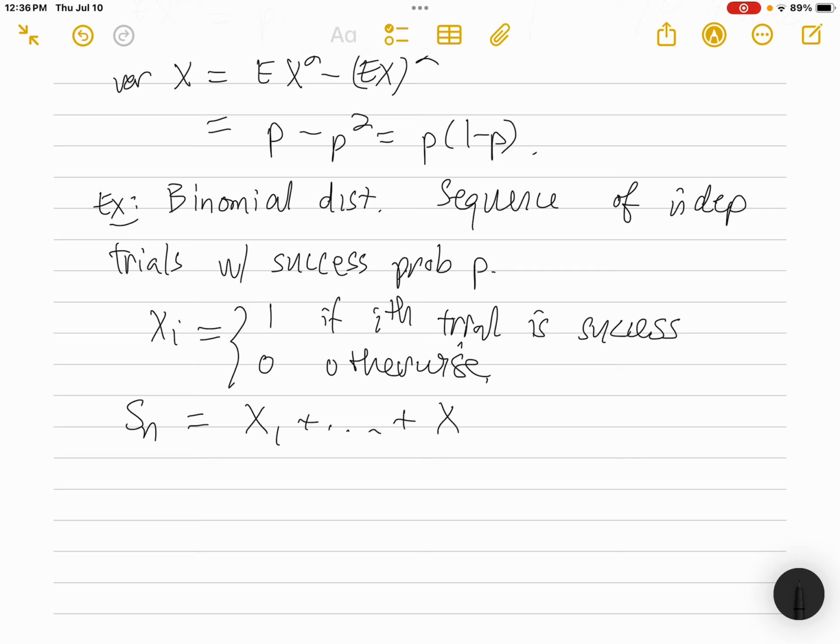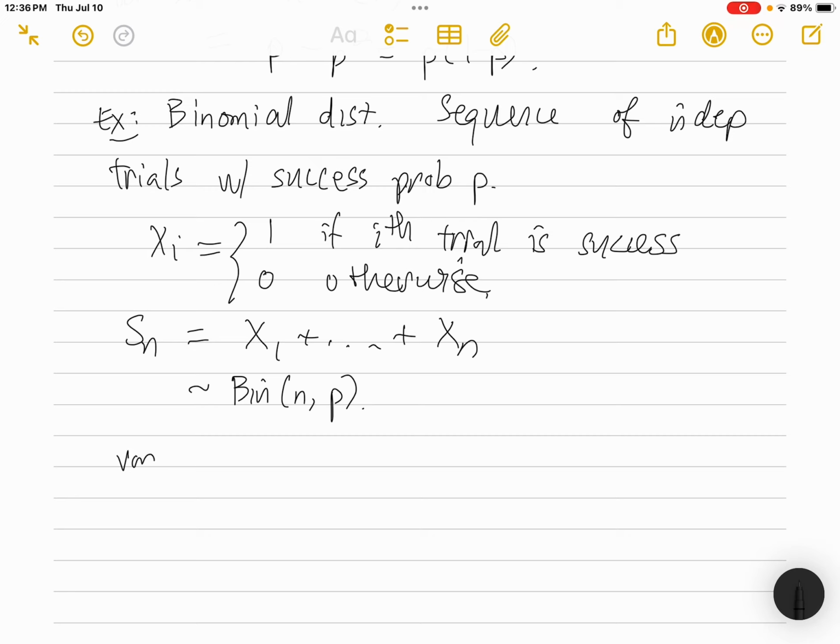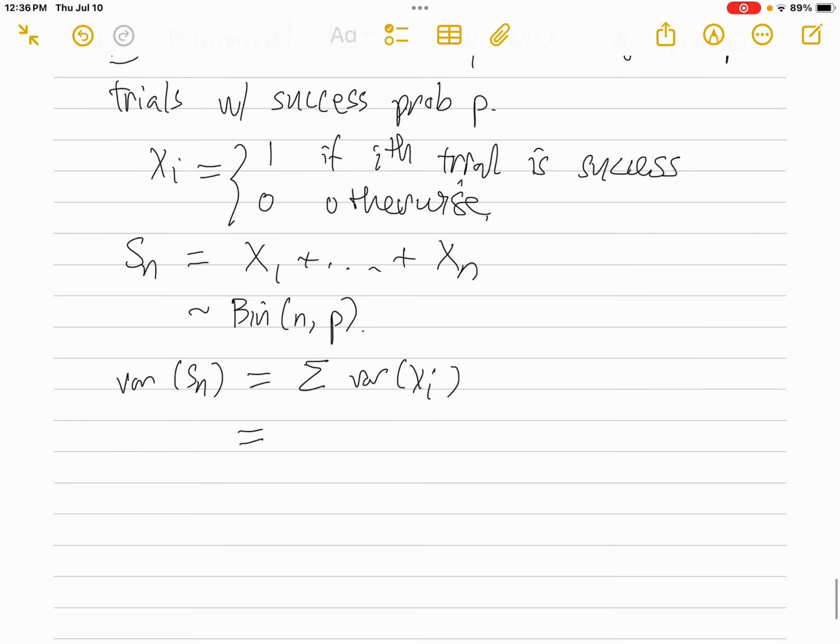Well, that's just x1 plus ... plus xn, and this has a binomial distribution with parameters n and p. So since the xi's are independent, the variance of Sn is the sum of the individual variances. The variance of xi is p times 1 minus p, and you have n of these, so it's going to be np times 1 minus p. And that's just an application of what we have proved before.